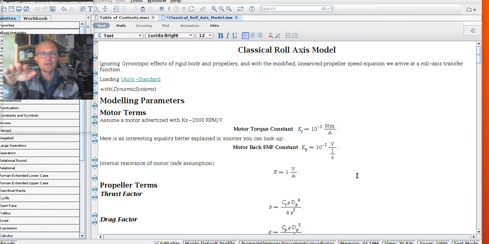It means that when our platform is hovering and subject to a disturbance, it needs to recover, right? So a gust of wind, it's got to recover, right? As an example.